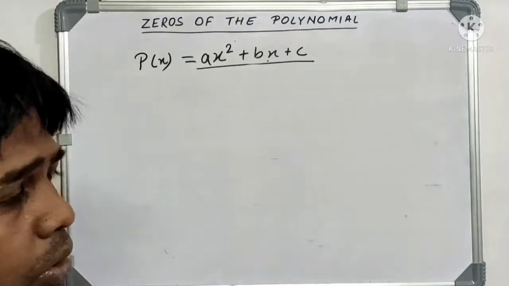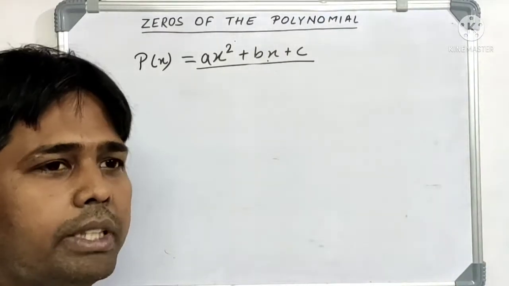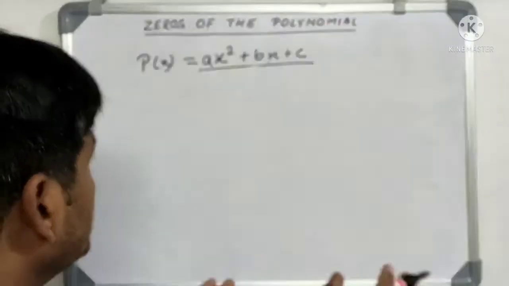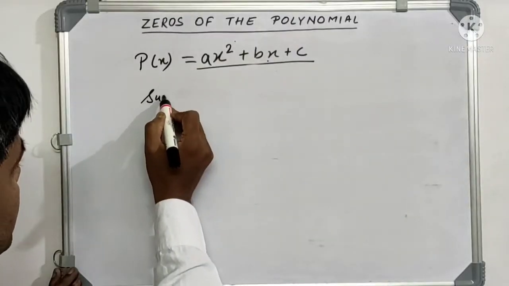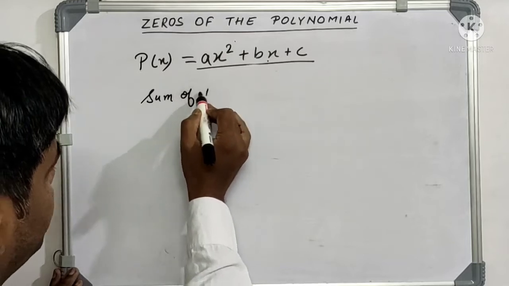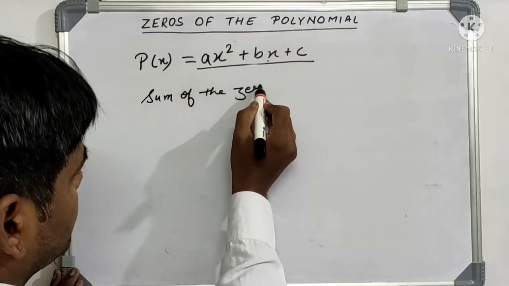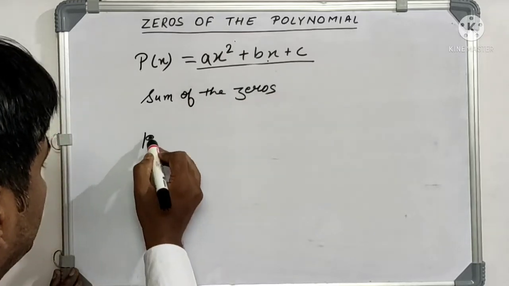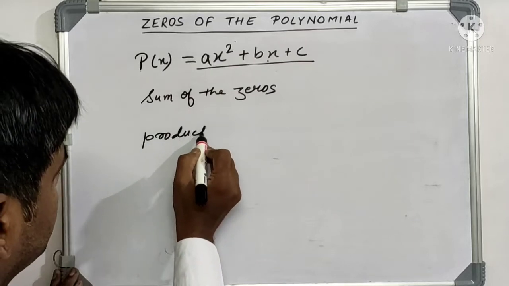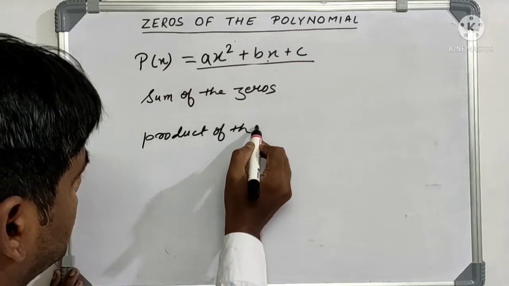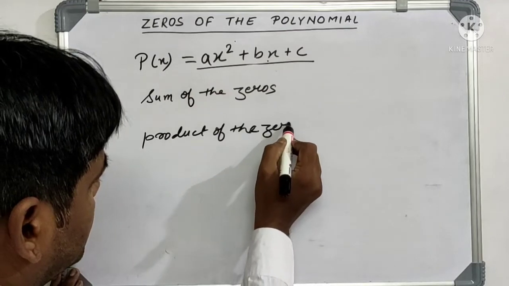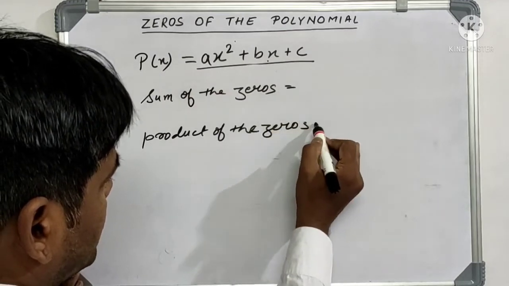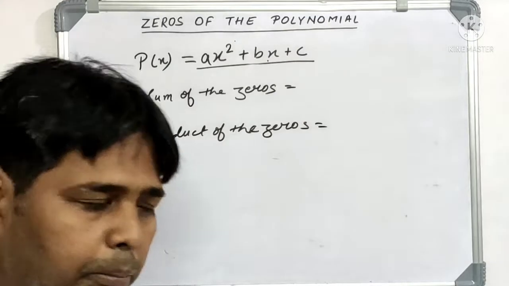Now these solutions will be represented in two ways: the sum of the zeros and the product of the zeros.